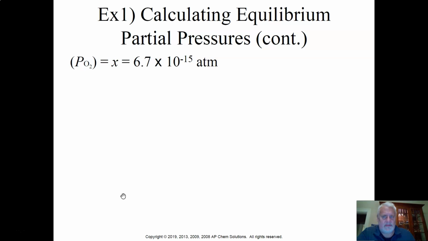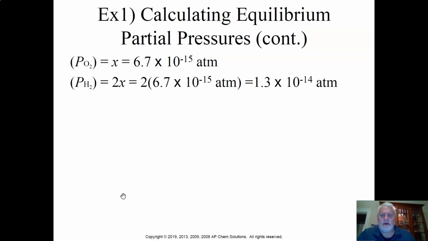And then to figure out what the partial pressure of the hydrogen is going to be, remember, those guys were in a 2-to-1 ratio. So all you have to do is take 2, the number, not a measurement, so you still get to stick with 2 sig figs, and when you do that and round, you'll get 1.3 times 10 to the minus 14th atmospheres. All right?